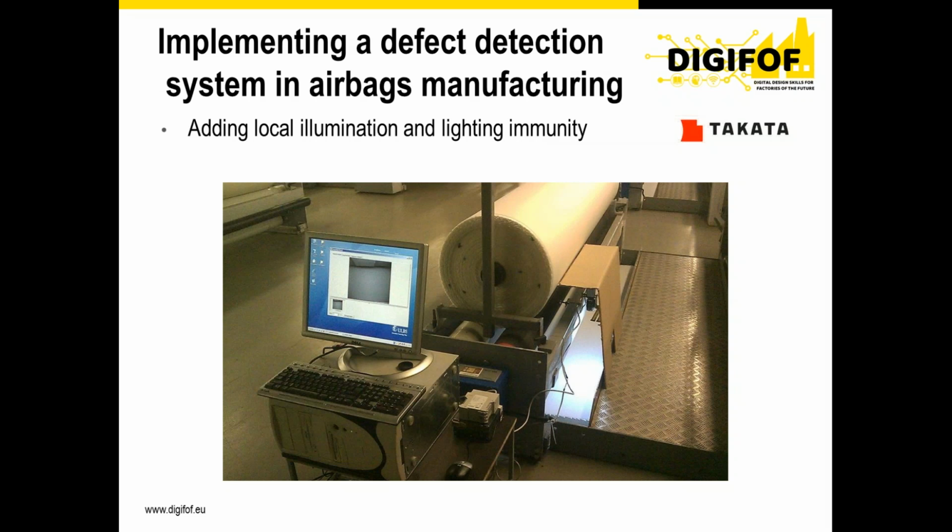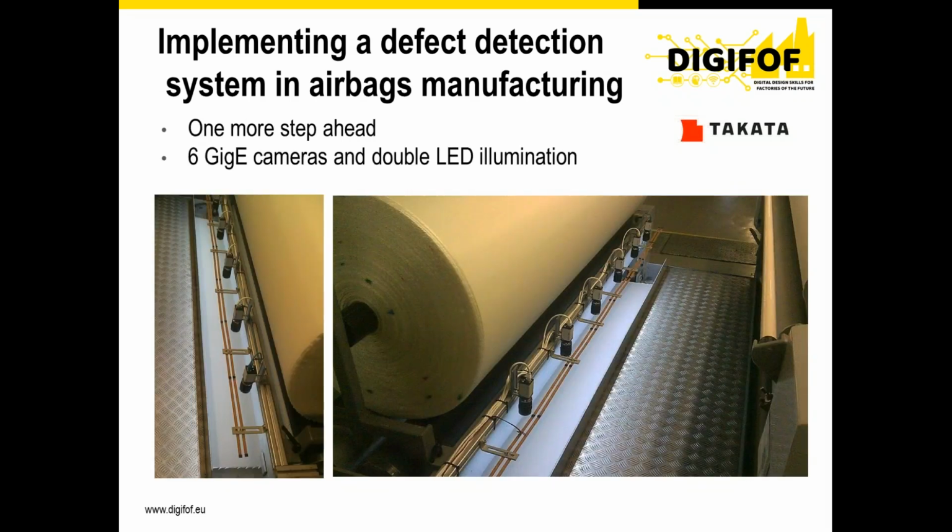We tried to find out the better position in order to get all the information required for detecting the defects. I told you that the diameter of the threads is 0.25 millimeters, so we need a lot of pixels in order to have in the image all the information, the threads being present in the weft, and we managed then to develop the system.